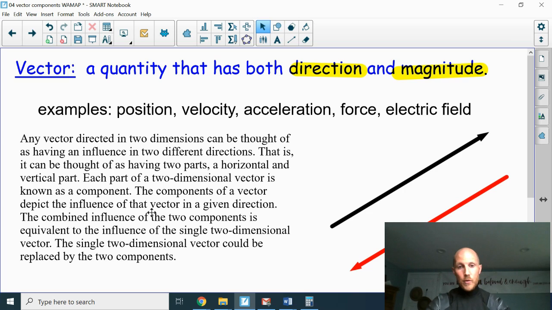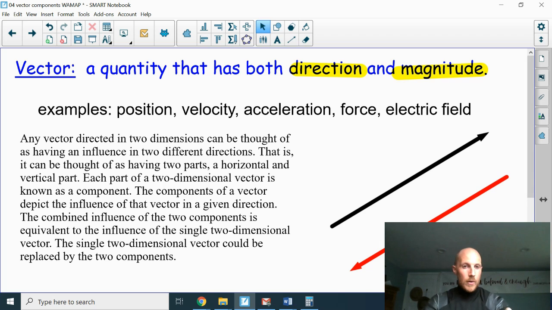So the combined influence of those two components is equivalent to the influence of the single two-dimensional or diagonal vector. And consequently, the single diagonal vector could be replaced by the two single-dimension vectors, the x component and the y component, right?